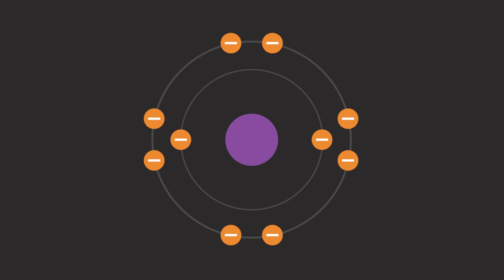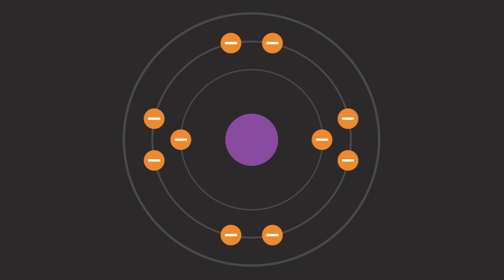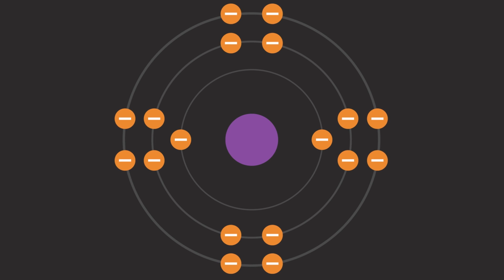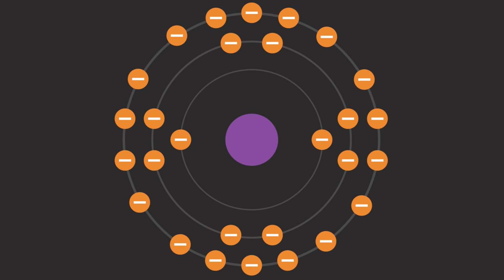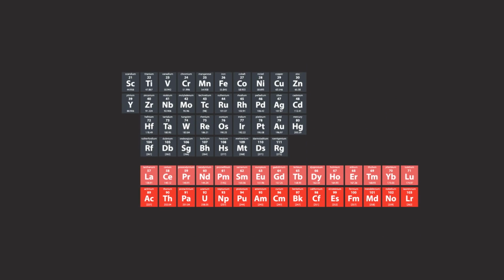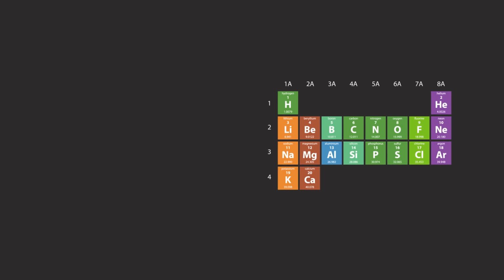The second electron shell can hold up to 8 electrons. The third shell can initially hold 8 electrons, though later on it can hold up to 10 more, giving us the transition elements. So in the case of a hydrogen atom, its 1 electron occupies the first electron shell.